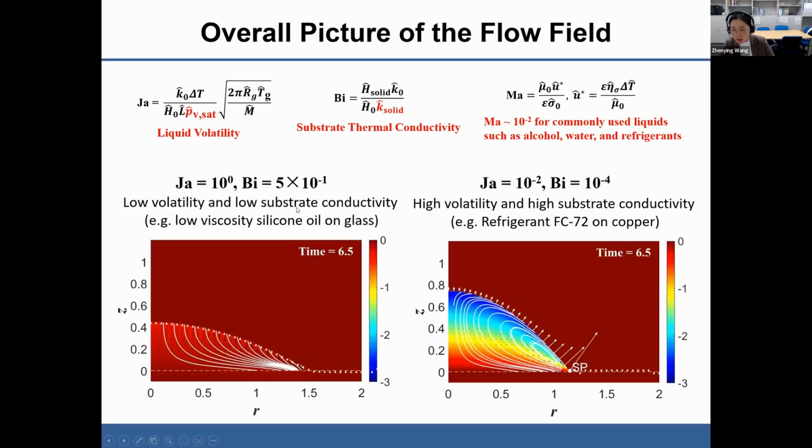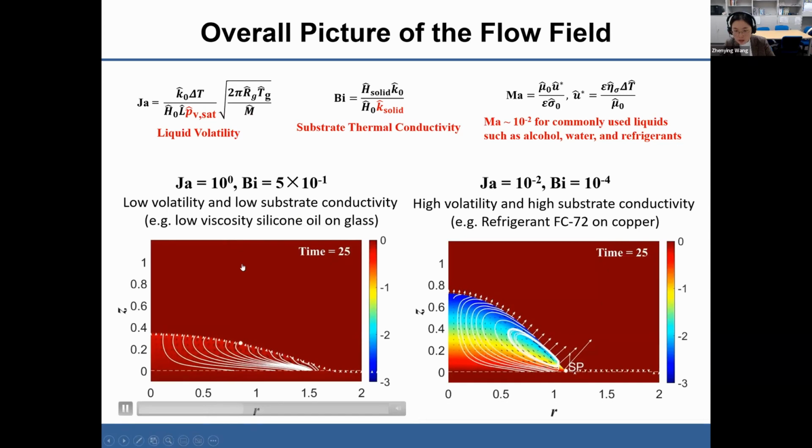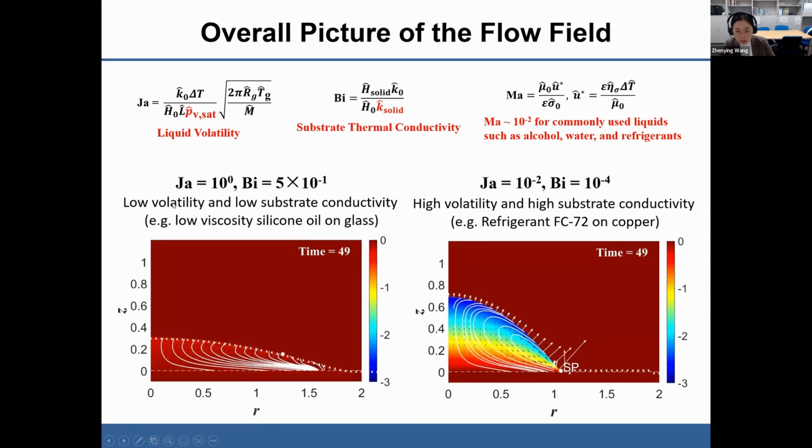So these are two additional demonstrations of one low volatility case and one high volatility case.